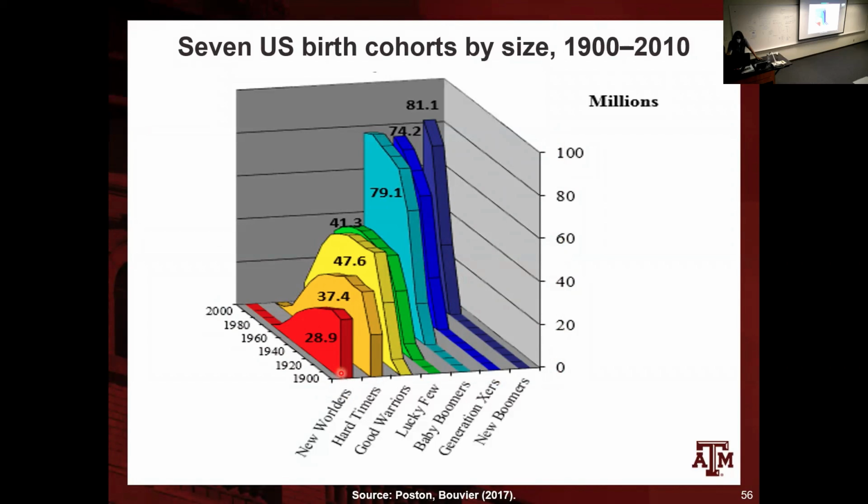And you see here the jump from the lucky few, the green, into the baby boomers, the light blue. That jump, because of the end of World War II, you have more opportunities for people, fertility increases, and all that. And that will affect the population for the next decades, okay?